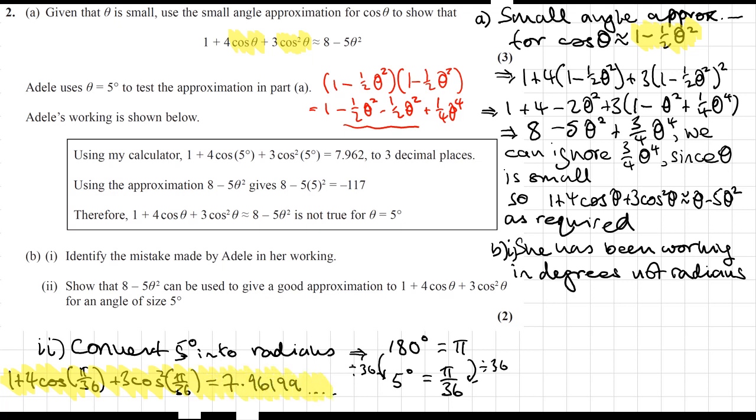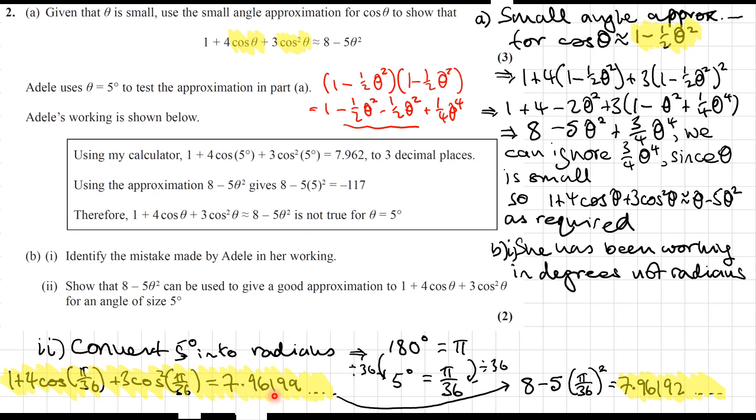Let's do the same, put the same pi over 36 into 8 minus 5, and that'll be pi over 36 squared. See what that gives us. And that gives me 7.96192. Okay, so it does give a good approximation. Now, on questions like this, it's good to say how much your answers agree to.